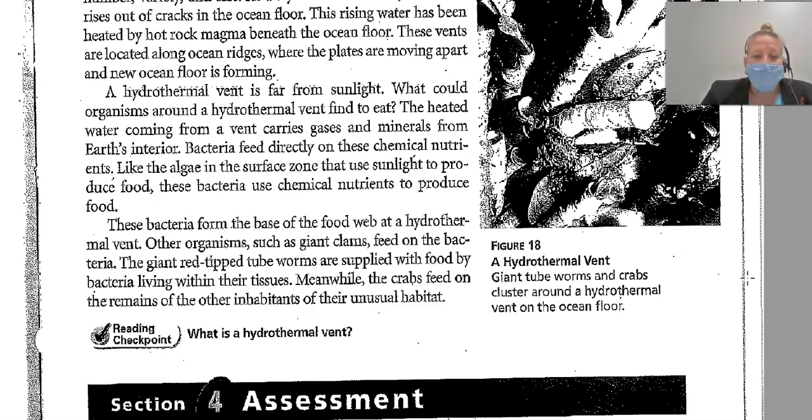The bacteria form the base of the food web at a hydrothermal vent. Other organisms, such as giant clams, feed on the bacteria. The giant red-tipped tube worms are supplied with food by bacteria living within their tissues. Meanwhile, the crabs feed on the remains of other animal inhabitants of their unusual habitat.